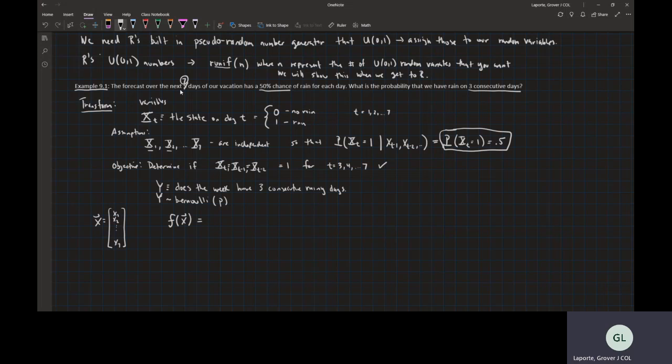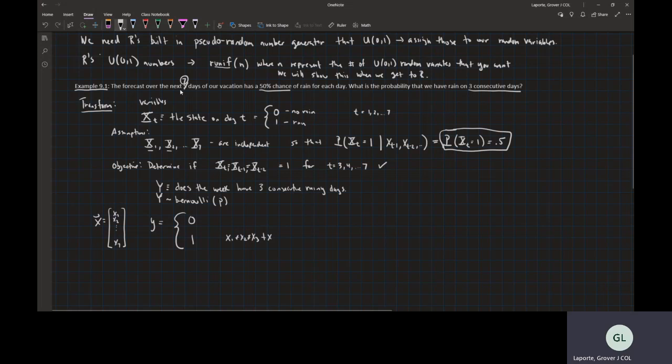If I have this vector of values, 1s and 0s, then I'm going to let y equal 0 or 1, and it's equal to 1 if x1 times x2 times x3 plus x1, not 1.